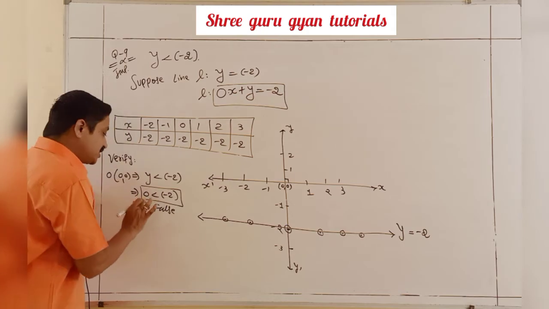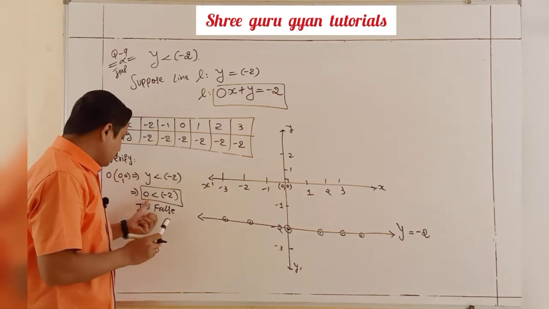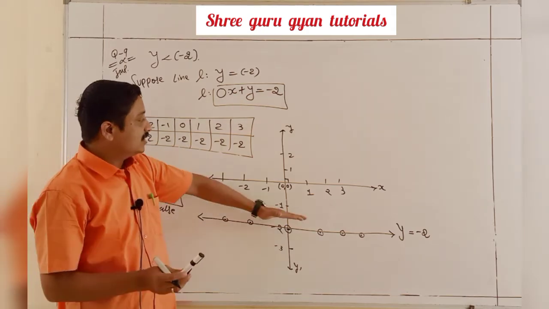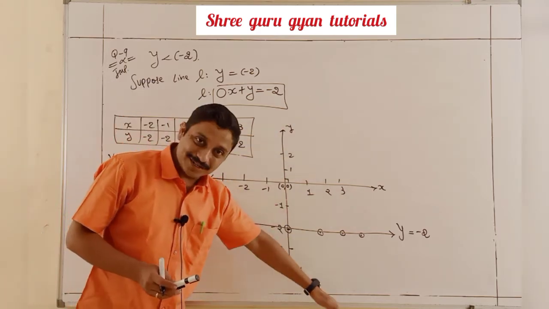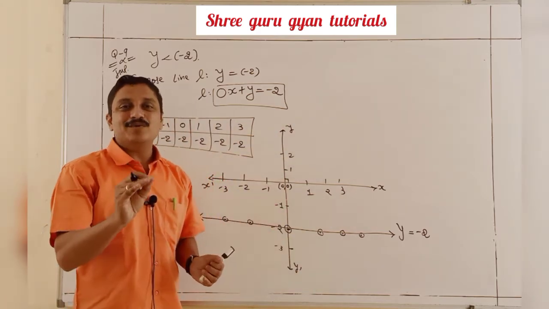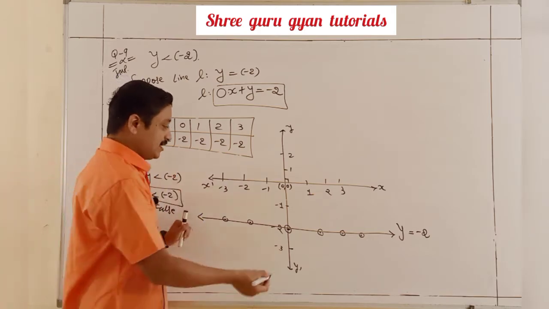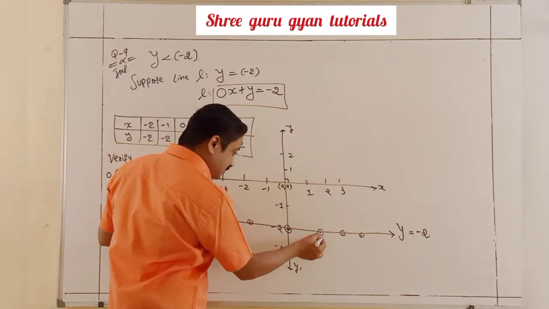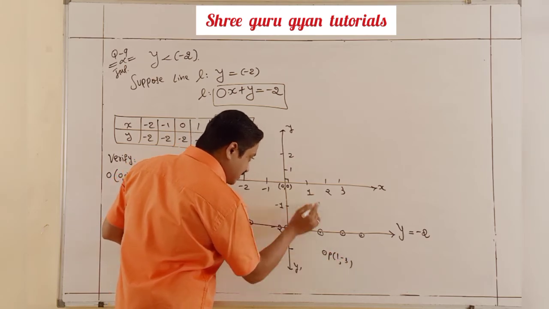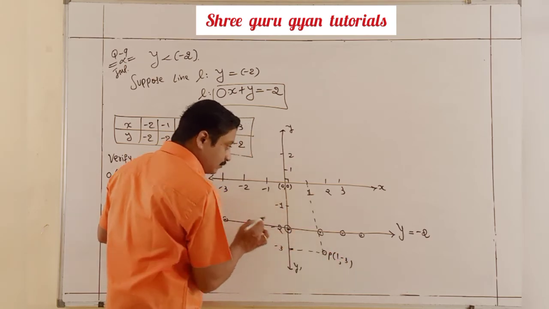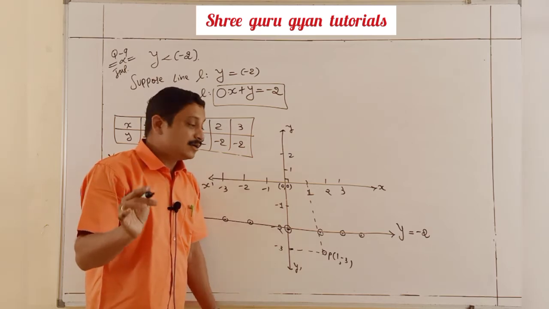So my shading is not passing through the origin. This side is not shaded. Your answer is downwards. But before that, I check one more point, like (1, minus 3). You can take any point other than on the line.